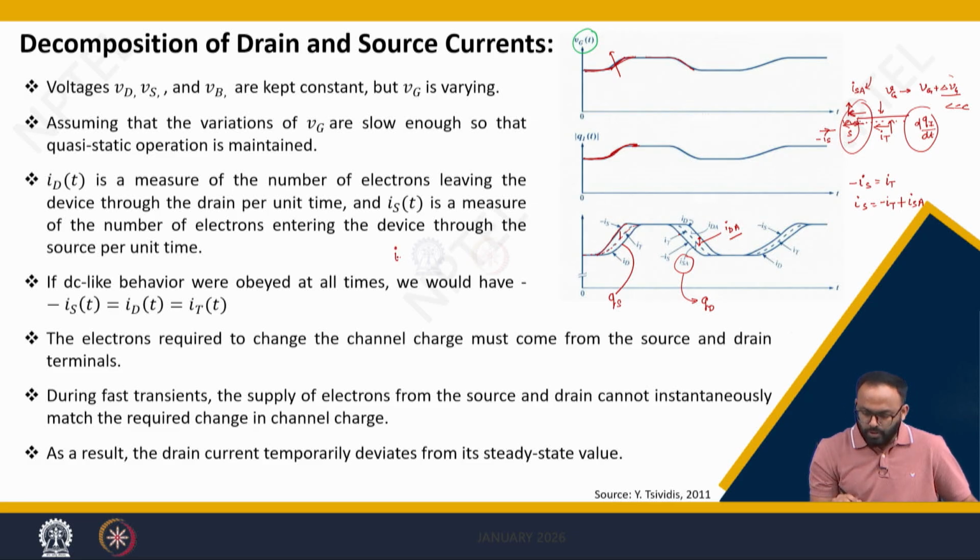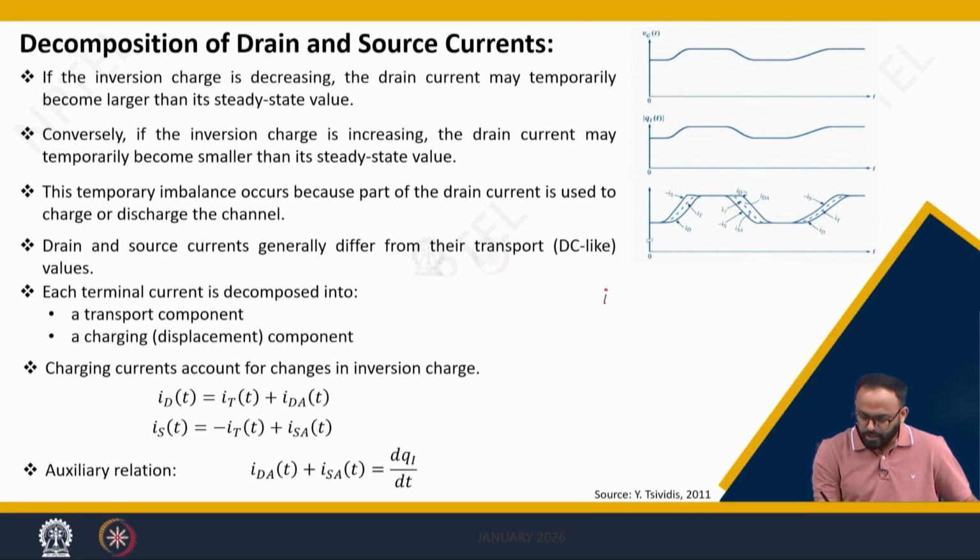So, if you write the equation for total current, that is IT is equal to ID plus IS. Now, you can write the total current IDT plus IST as nothing but the rate of change of inversion charge per unit time.